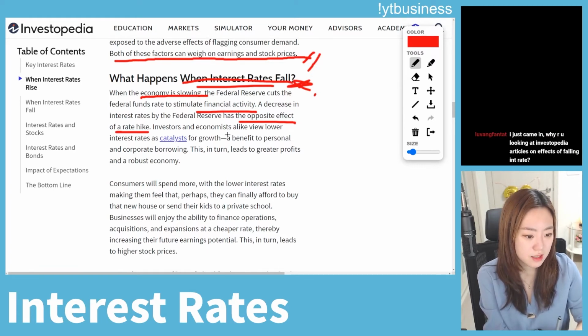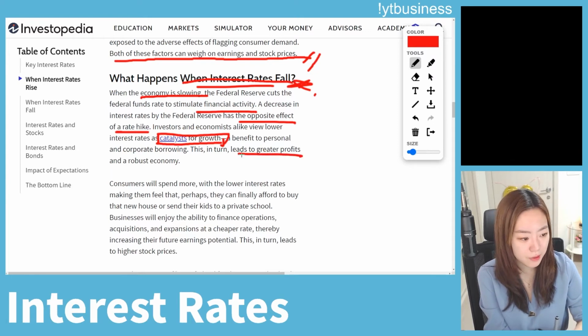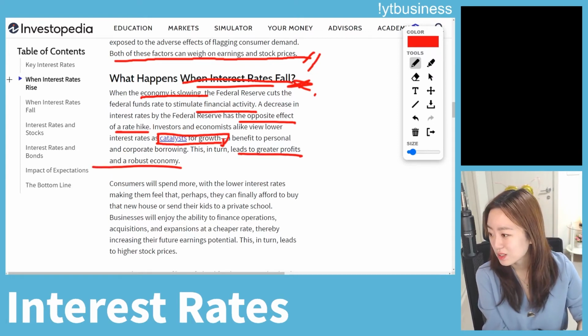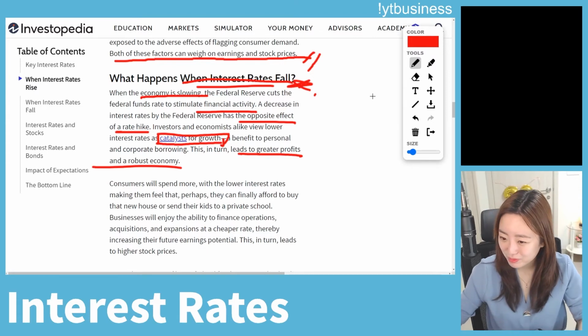Investors and economists alike view lower interest rates as catalysts for growth. Oh, this sounds good, right? Catalysts for growth, a benefit to personal and corporate borrowing. This, in turn, leads to greater profit and a robust economy. So you just wanna see more of interest rate falls, right?